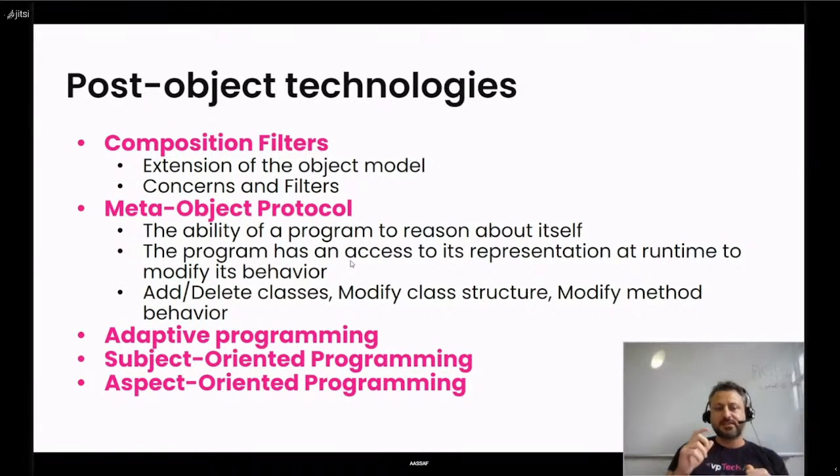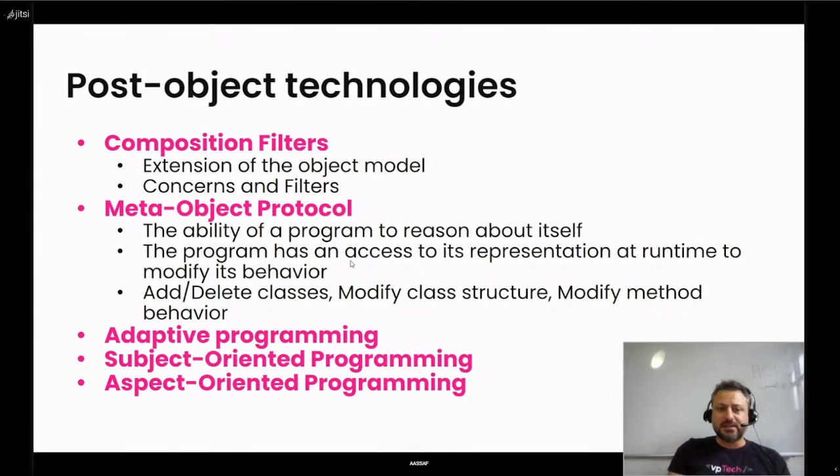In fact, we can define the meta object protocol as the ability of a program to reason about itself. In fact, it necessitates that the language provide the program access to its representation in the same language at runtime in order to add or modify the behavior or the structure.